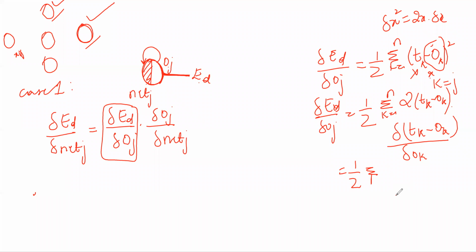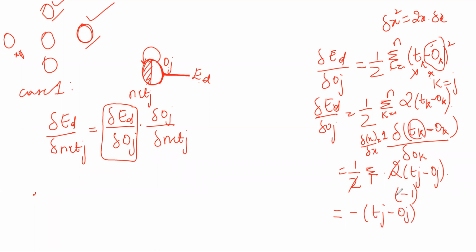Tj is an independent term, so I do not consider that, but there is a dependent term Oj, which gives minus 1, because I have a minus sign over here. This 2 and this 2 get cancelled. So I can directly write it as minus of (Tj minus Oj). This is my derivation for this.